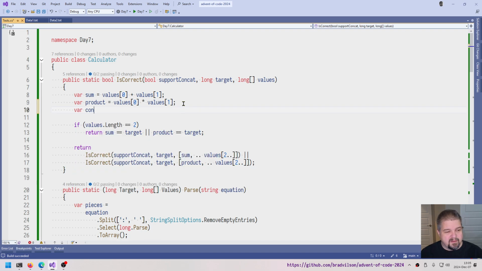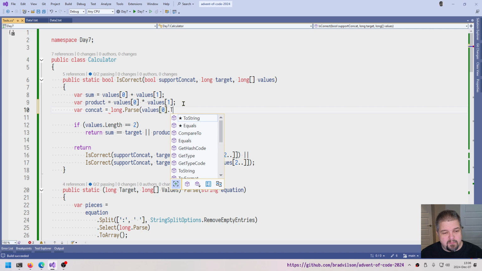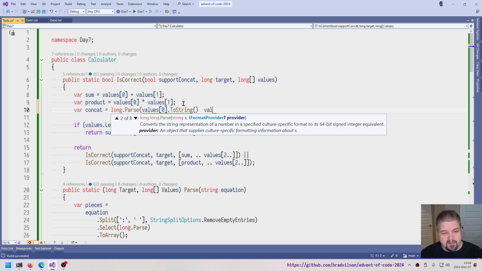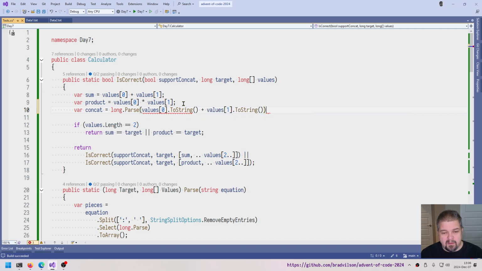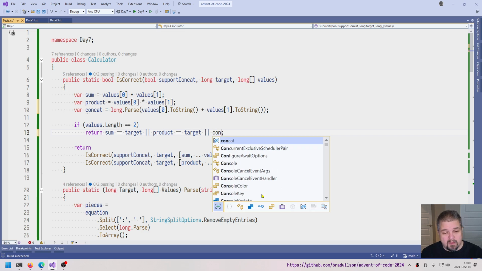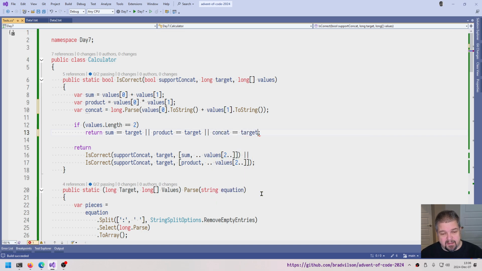So we can say the concatenation is going to be long parse of values sub 0 toString plus values of 1 toString. So basically, we're going to take the strings, we're going to mash them together, we're going to reparse it as a long, right? And so we need to know if the concatenation is equal to the target now.